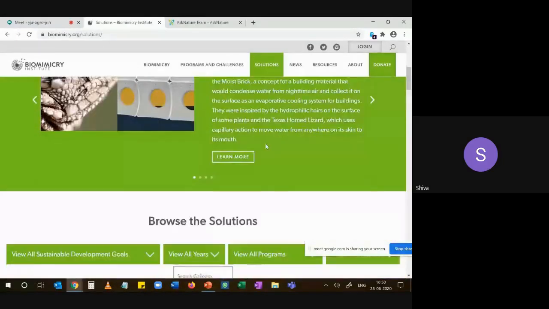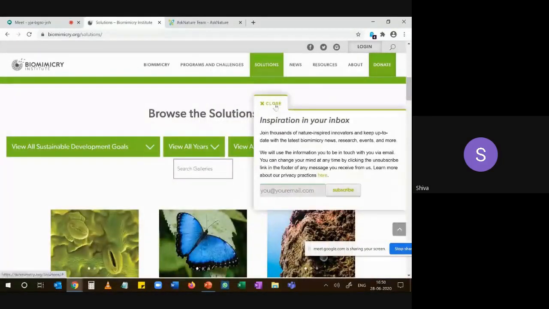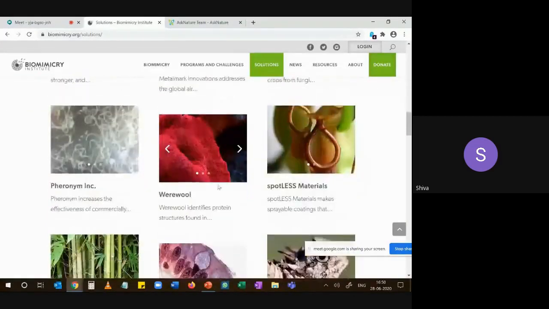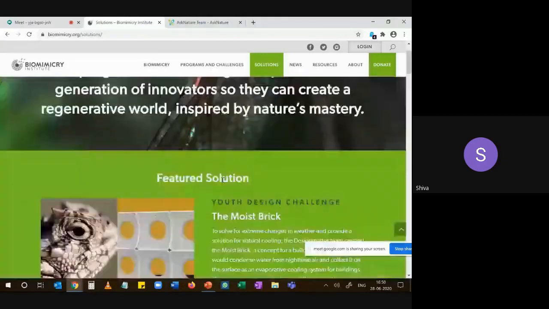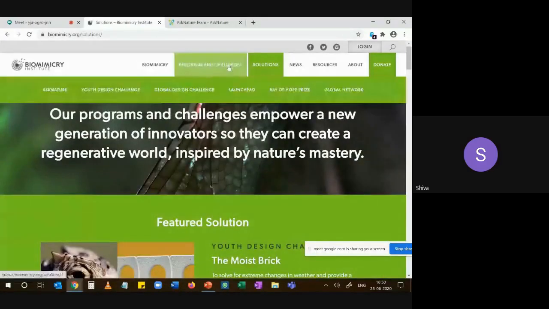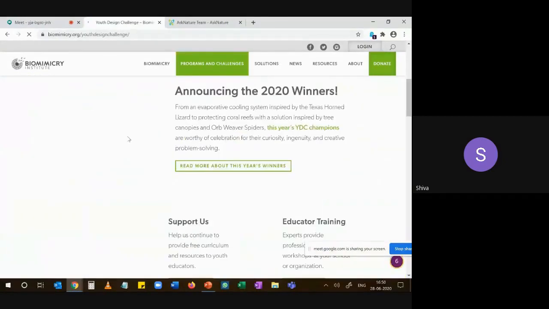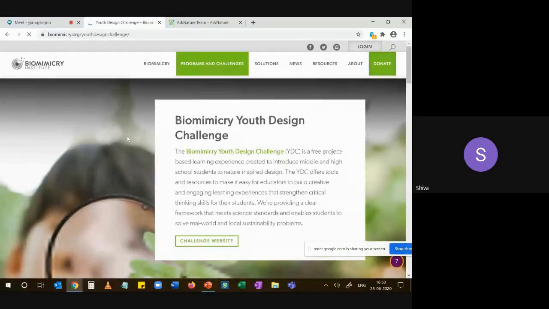The moist brick. Look at the solutions here. Every one of them are solutions that young people have built. It's also got what is called the Biomimicry Challenge. So this is what we are trying to organize in IIT Madras. It's called the Youth Design Challenge. When we get to the challenge, I'll tell you, I'm just inspiring you to look at the website.